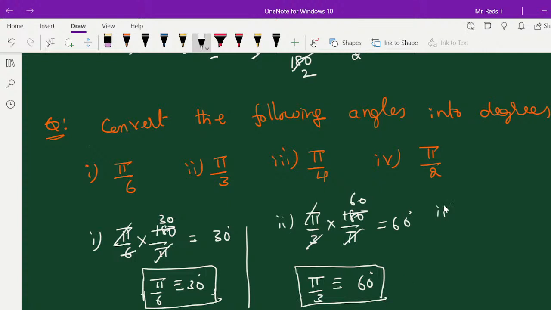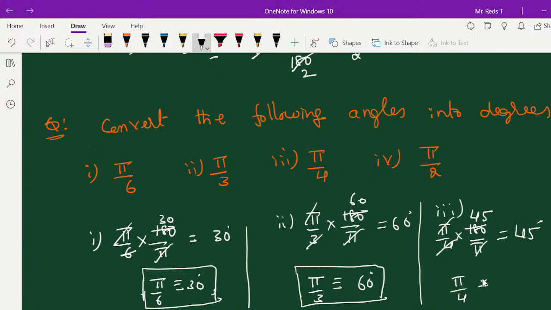Next, the third one, pi by 4, into 180 by pi. Pi cancels. 4 fours are 16, 2 is left over, 4 fives are 20, so 45. So pi by 4 radian is equal to 45 degree.